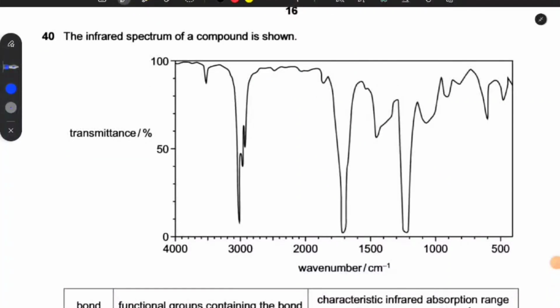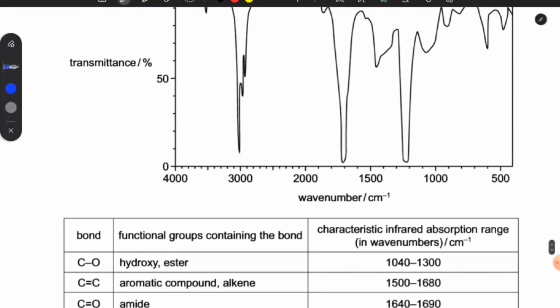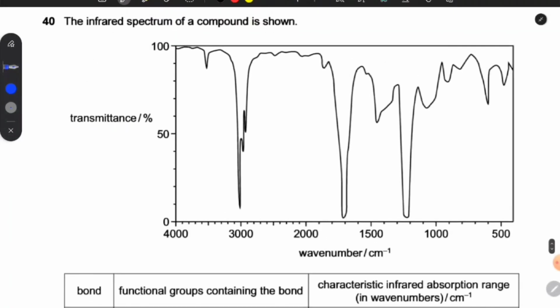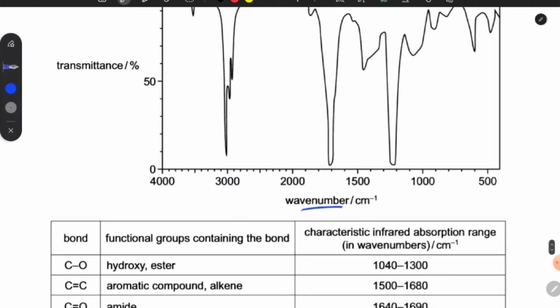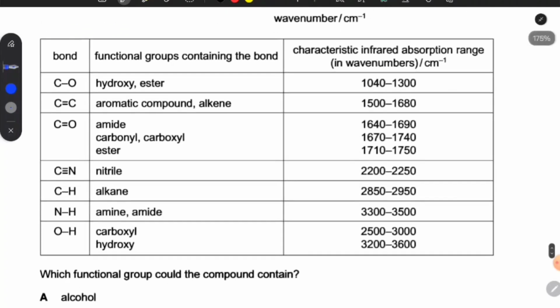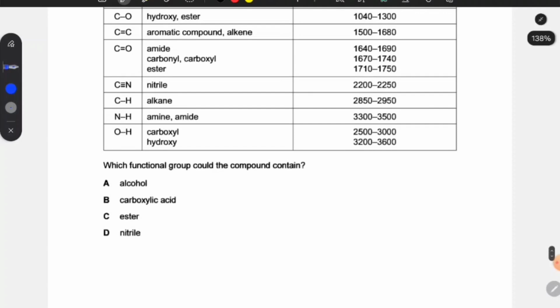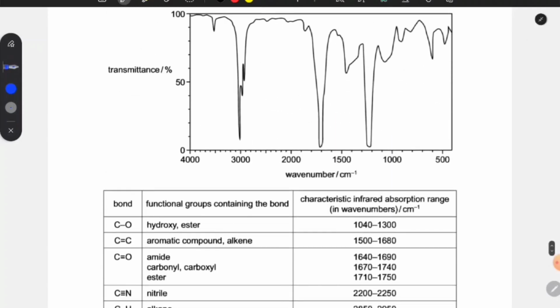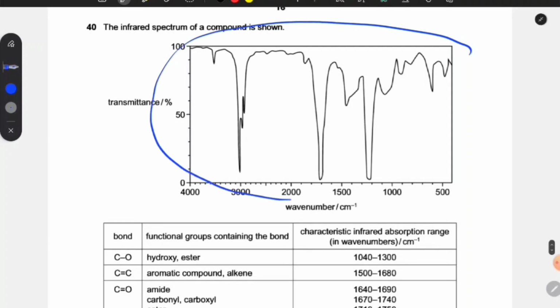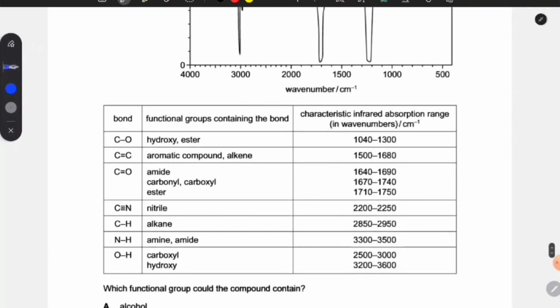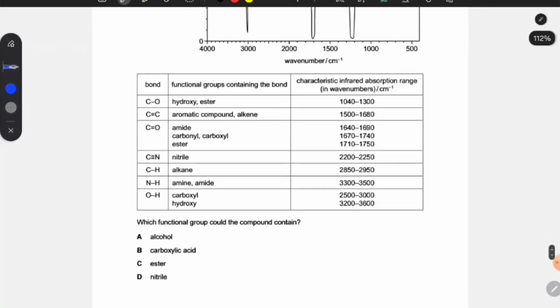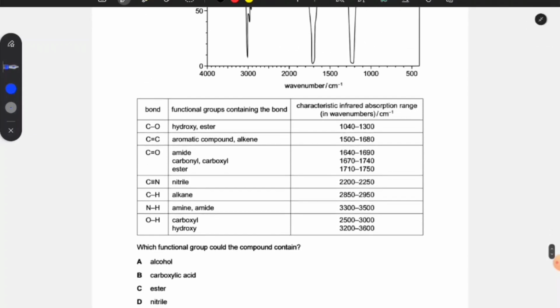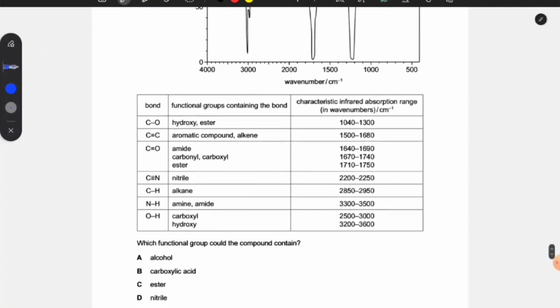Question number 40. The infrared spectrum of a compound is shown. Okay, so this is our transmittance, and this is wave number on the x-axis, and we have this table. The question is, which functional group could the compound contain? So this is the IR spectrum of our compound, and they want us to identify what could be our compound name or homologous series.